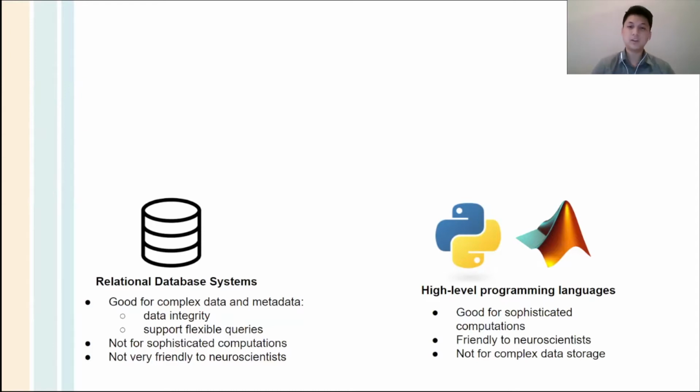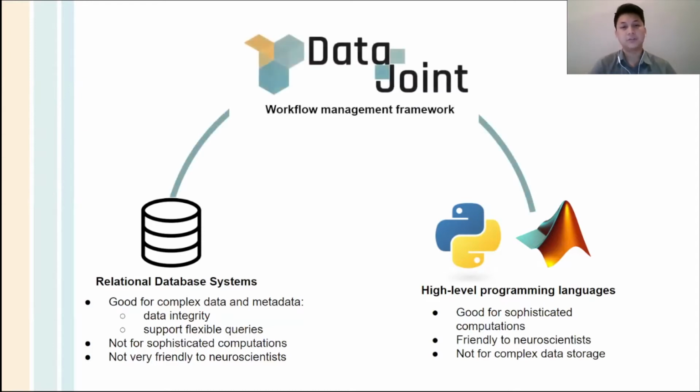Building on top of these frameworks, DataJoint is a workflow management system that allows you to work using MATLAB or Python to interact with a relational database system. It provides a way for you to build your data pipeline, storing data and metadata and capturing their dependencies, constructing a workflow.